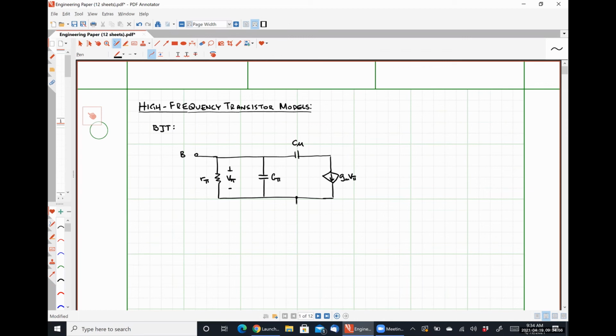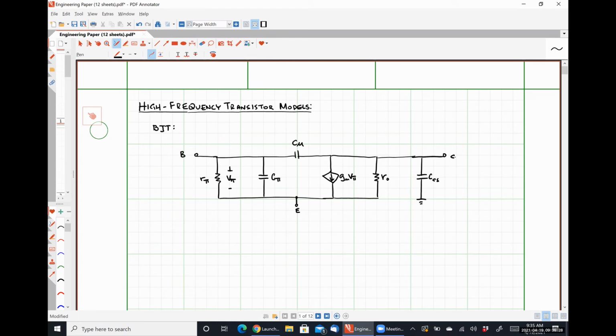So I'm going to call this node my emitter. We have our early effect resistance r naught. And then between the collector and ground, we have a capacitance CCS.